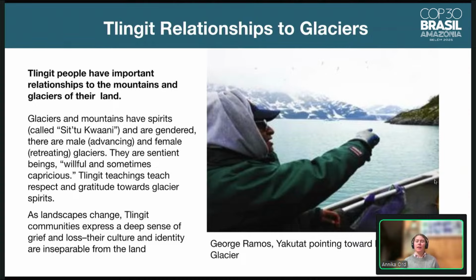Glaciers are really tied into the fabric of this landscape and often lie at the intersection between our terrestrial, marine, and human ecosystems. Here in Southeast Alaska, salmon are a really essential piece of people's identities, cultures, and livelihoods. They're how we put food on our tables and feed our families in many ways.